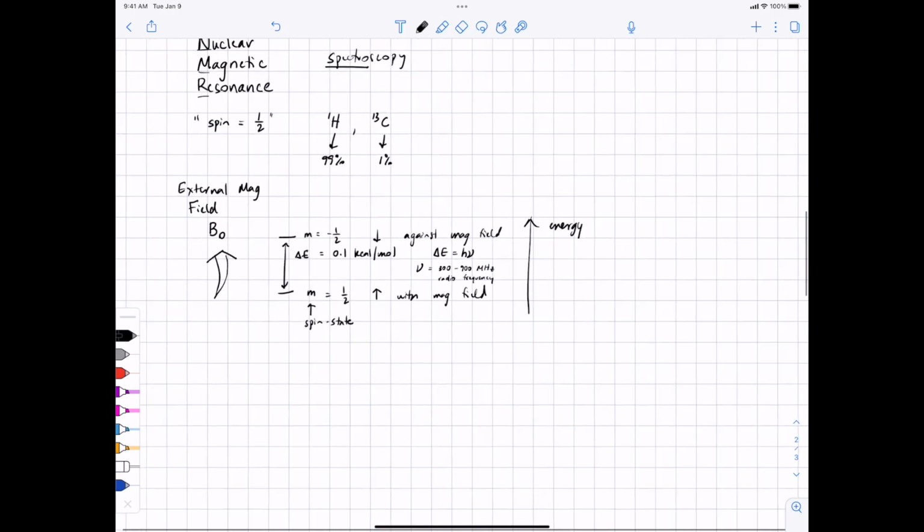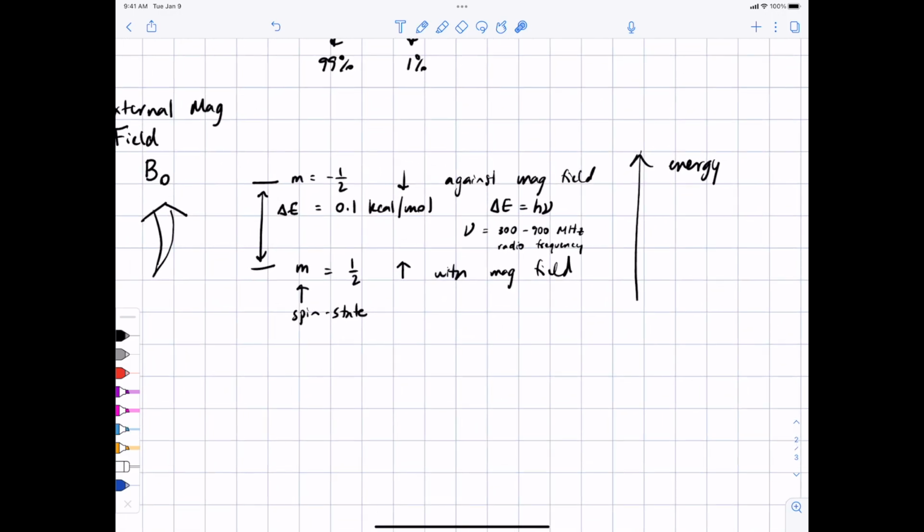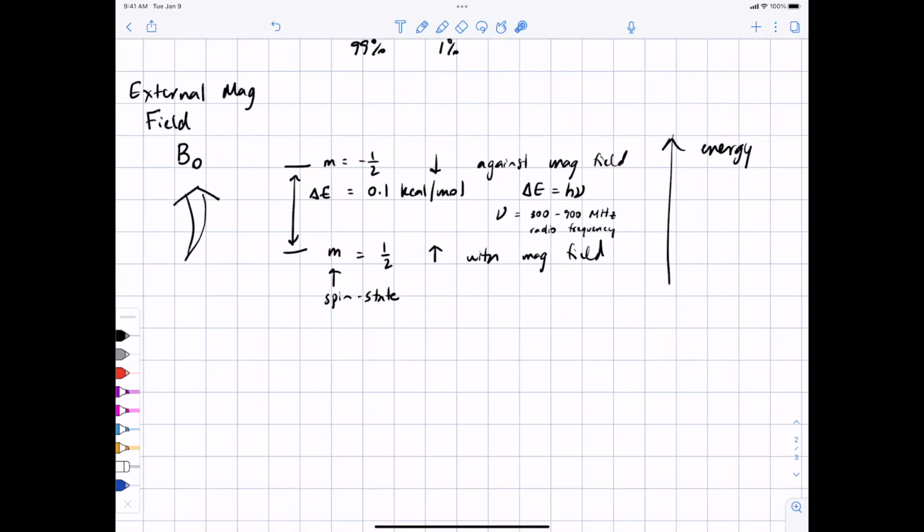So we've got the nucleus, we've got the magnetic field. What is resonance? It's not used here in terms of resonance in organic molecules. The process of resonance in this application is the transition from a lower spin state to a higher spin state.